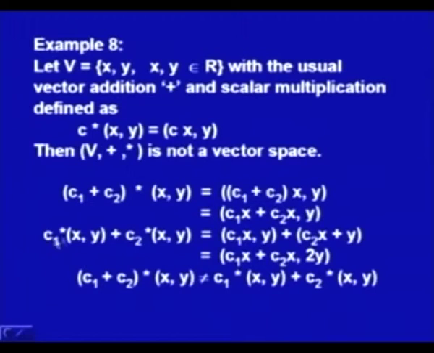If I take the right hand side for this, I will have c1x comma y plus c2x comma y, and that simply means by the vector addition c1x plus c2x, y plus y, that makes 2y. That means this is not equal to this. So, it is not distributive. So, with this scalar multiplication, the same set which we have taken earlier will not form a vector space.